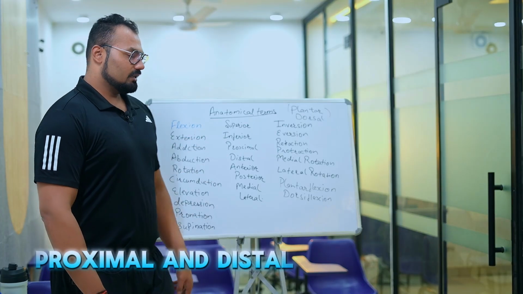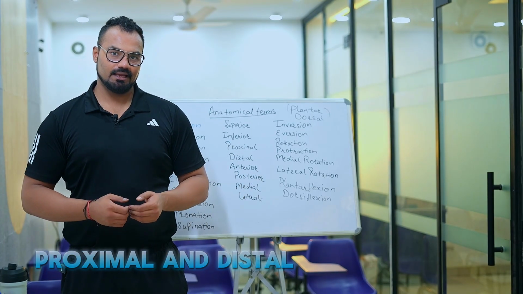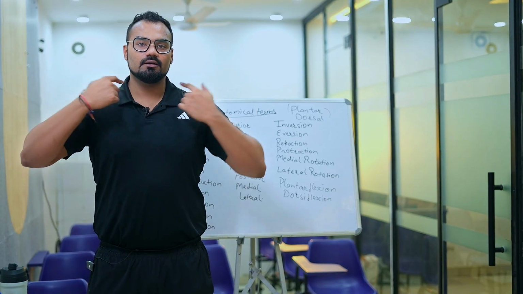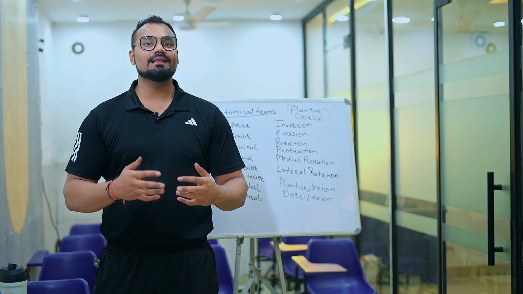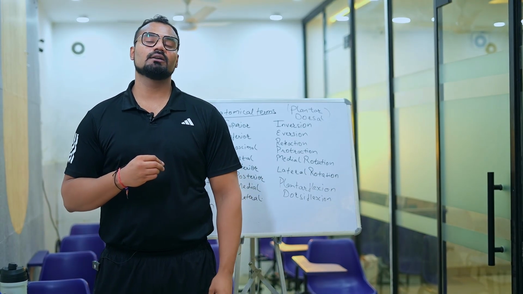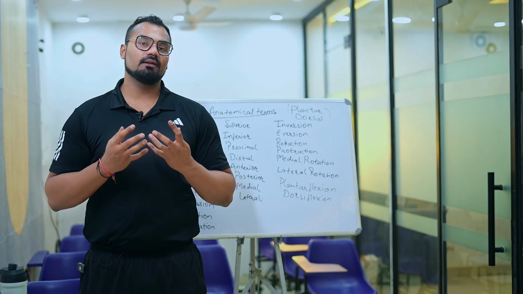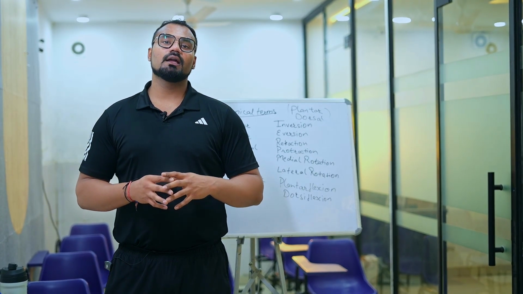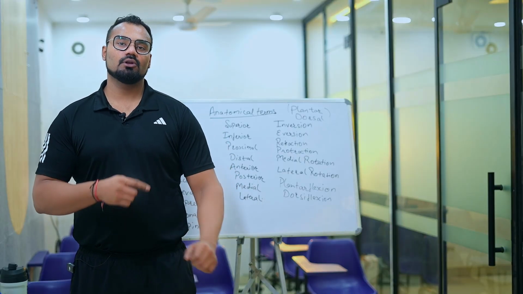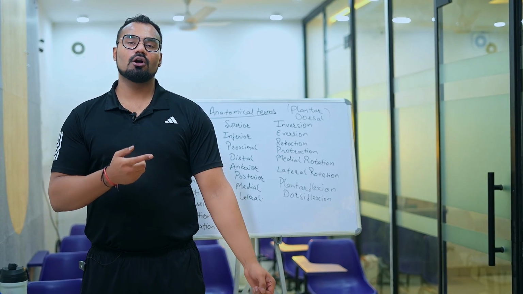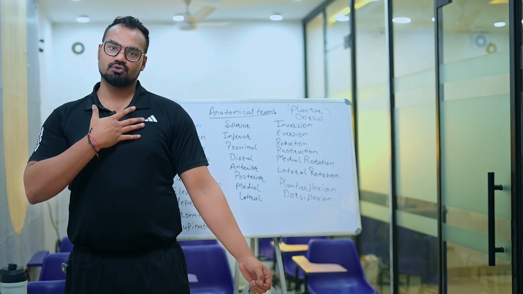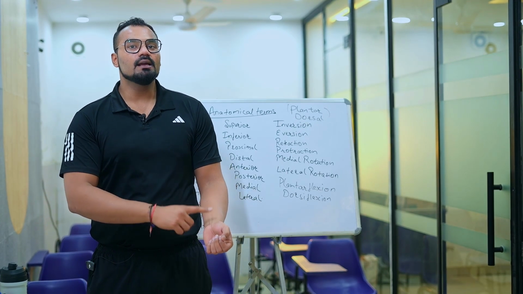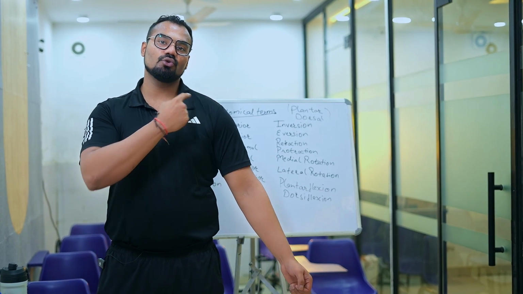Now proximal and distal: anything closer to your trunk is proximal, and anything far away from your trunk is distal. Example, shoulder and wrist. The shoulder is closest to your trunk, so it's proximal to your wrist, and the wrist is distal to your shoulder.